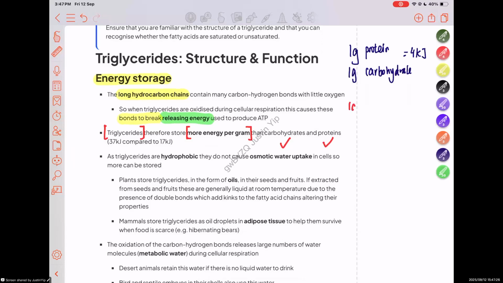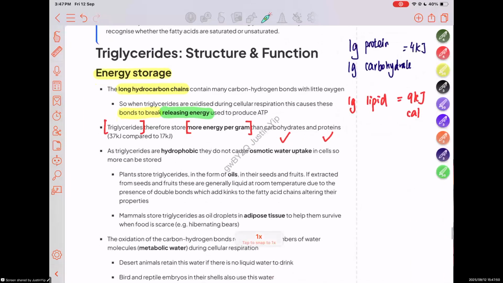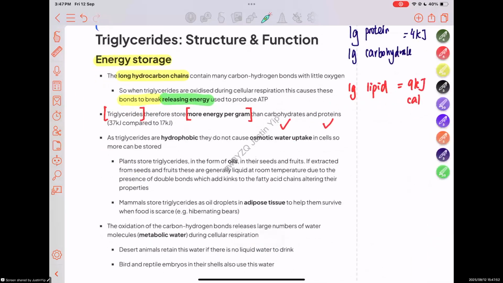But 1 gram of lipid gives you 9 kilojoule of calories. So you see the difference. I eat 1 gram of lipid, I get more than twice the calories of protein and carbohydrate. That's why eating oily foods makes you get fatter easier. So this is the energy storage.